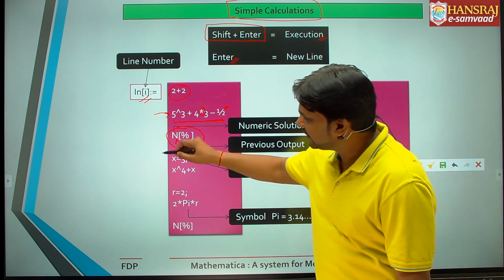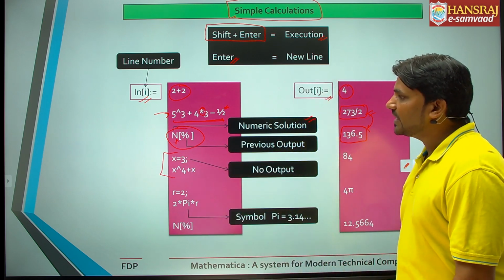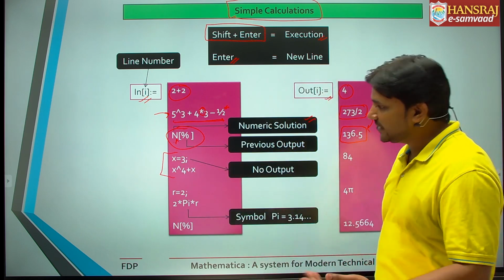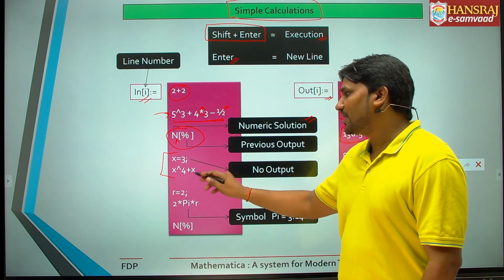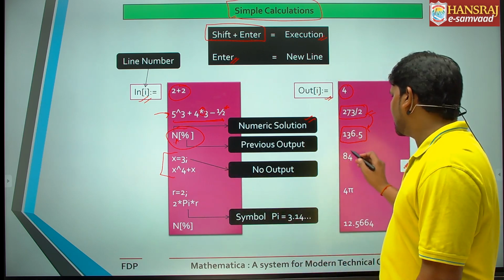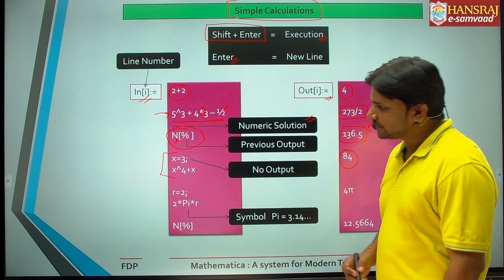Similarly, another input is x equals 3. That means we are assigning the value 3 to x, then x to the power 4 plus x you can execute, and your output will be 84.